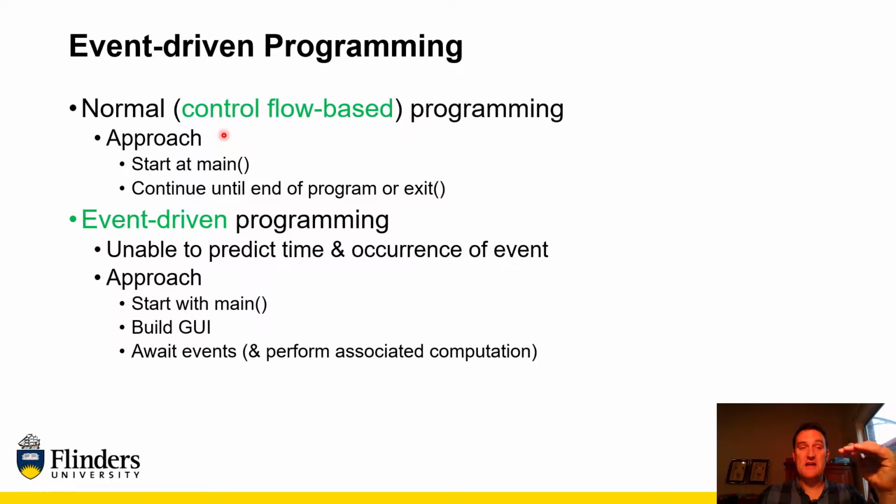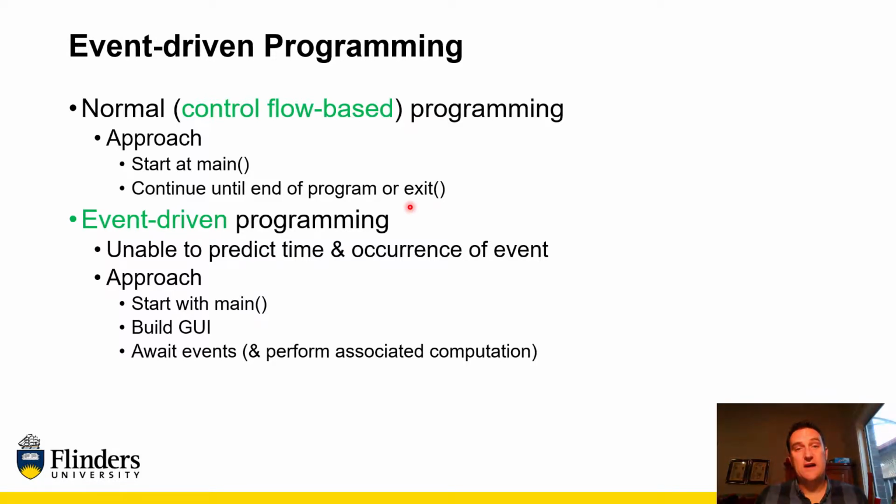So we start at the main, and then something happens, might have an if statement, a bit of a choice, maybe you have a loop, go around and round, but it's very control flow based. Those control flow statements, such as an if and a while, drive the sequence of how the program works. Then it keeps going until we get to the end of the program or an exit is written or something like that, right? So it stops.